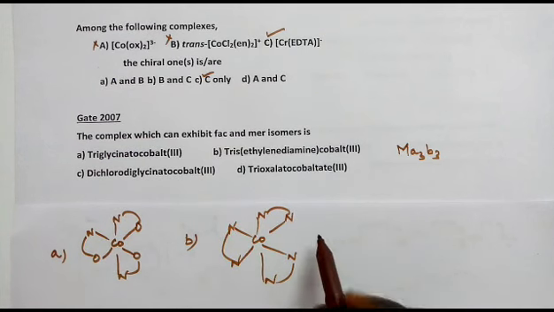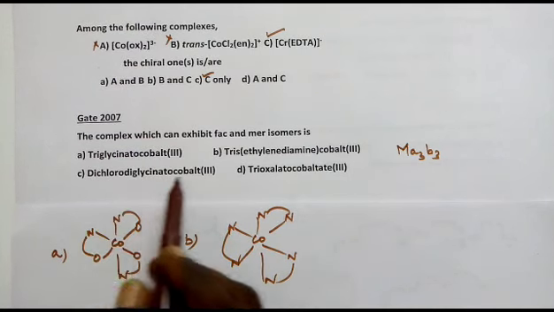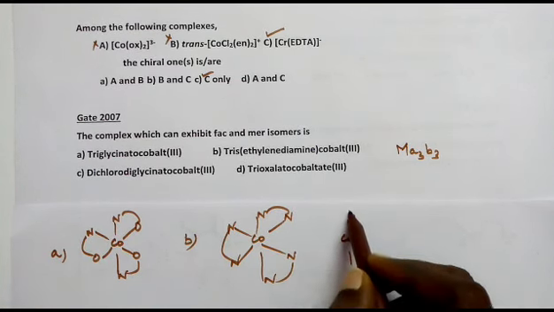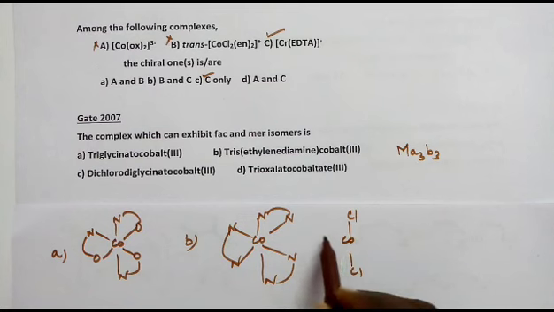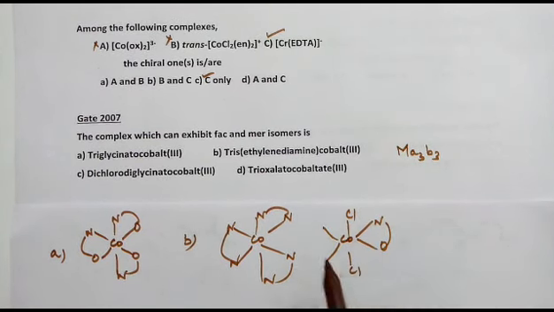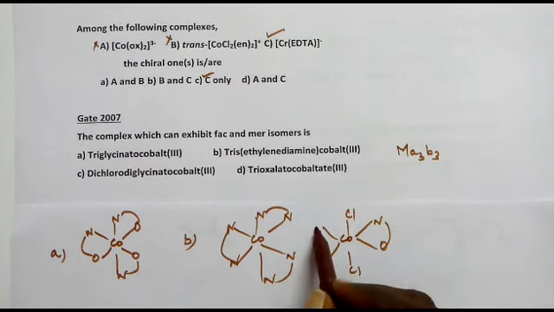And what is C? Dichloro diglycinato cobalt 3. Glycinato means nitrogen and oxygen, unsymmetrical bidentate ligands. This is C. And D is what? Trioxalato cobaltate 3.